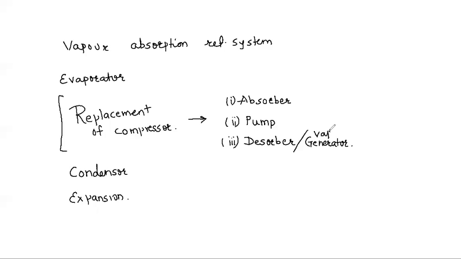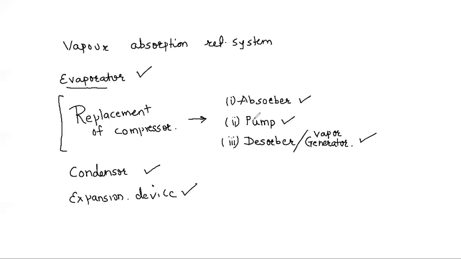So the components of the vapor absorption system would be the evaporator, an absorber, a pump, a desorber or vapor generator, then a condenser, and some expansion device.